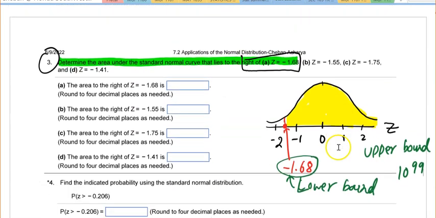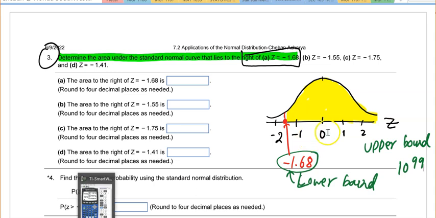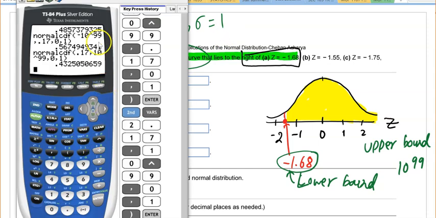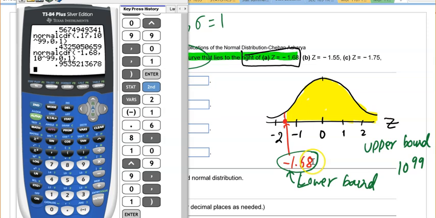And let me put that on the calculator. Of course, the mean here is 0 and standard deviation is 1, because a standard normal curve always has a mean equal to 0 and standard deviation equal to 1. I'm going to put that in the calculator. I'll come back. In the calculator I put normal CDF, negative 1.68 here as the lower bound, comma, upper bound 10 to the power 99, right?